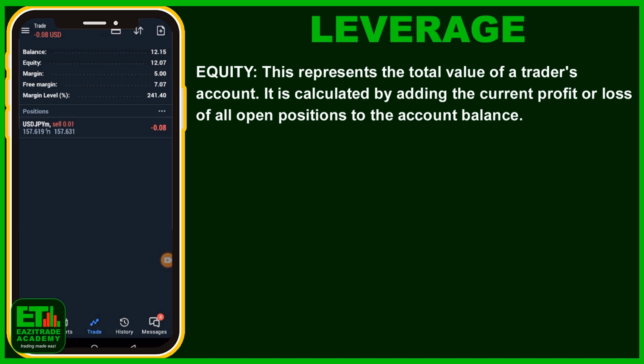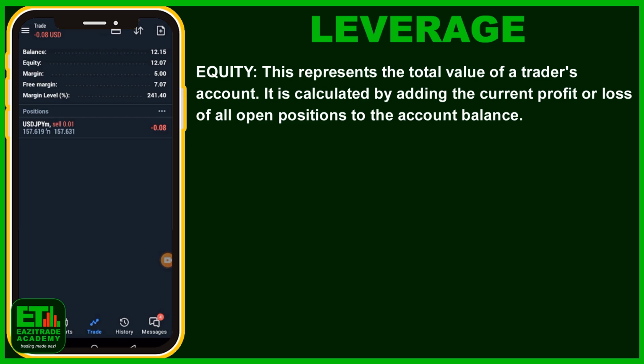If you're familiar with your trading interface on MT5 or MT4, I am sure it might have been a question that has popped up if you've not done any research yet. Equity in Forex trading simply represents the total value of a trader's account.